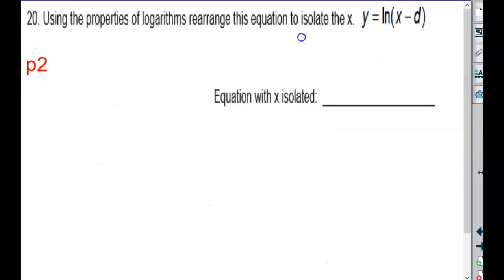All right. This one just says use the property of logs, so you don't have to actually name what they are. What is the base in this problem, though? E, so we'd have e to the y equals what?